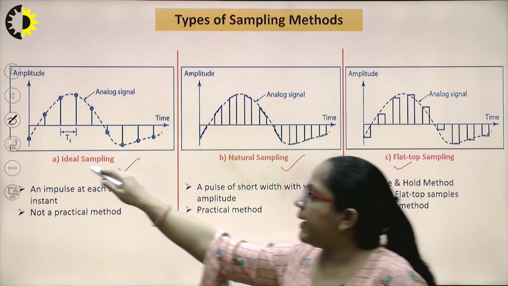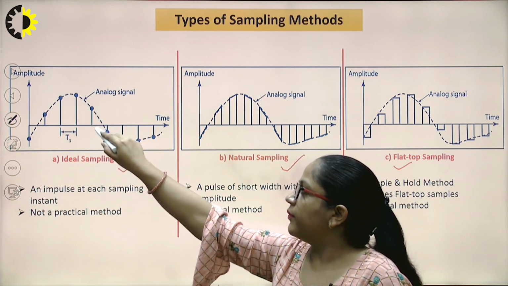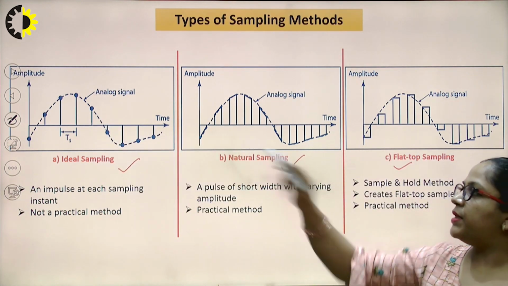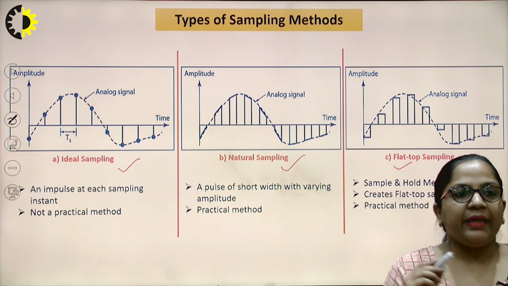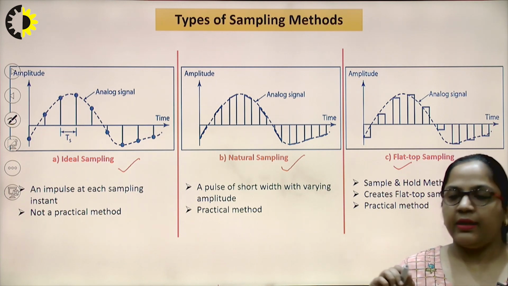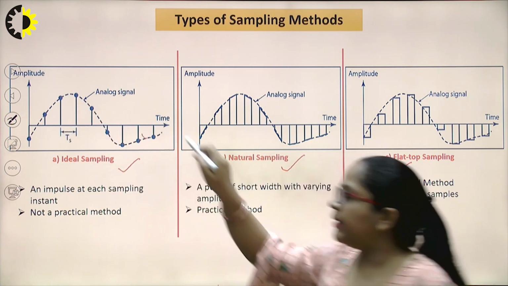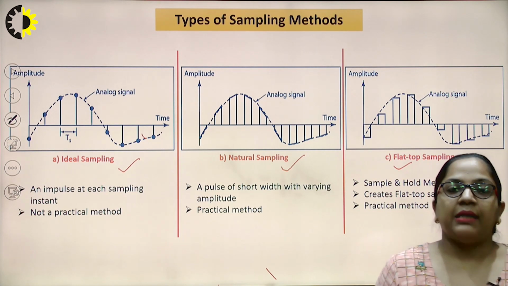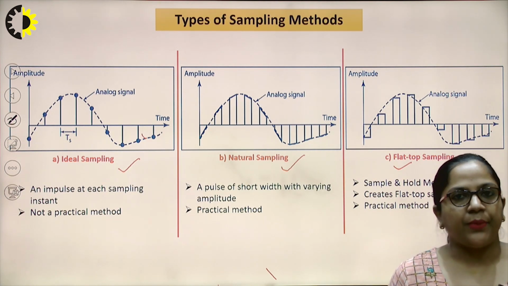The first one is ideal sampling. Here we can observe that the train of pulses is in the form of an impulse signal, an impulse at each sampling instant. But this method is not practically realizable, as it is not possible to generate an impulse signal in practice.